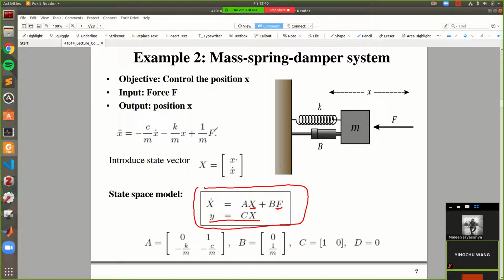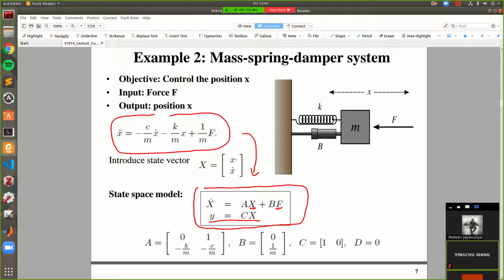Okay, so how do we take this equation that we just derived using physics and put it into this state space form, right? So first you need to define your state vector, right? So the parameters that we're interested in here are x and x dot, that is the displacement and its velocity. So if I have this x and x dot, how do these parameters relate to each other?